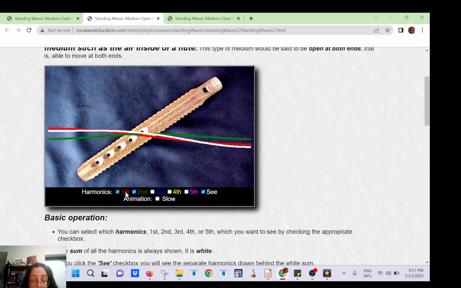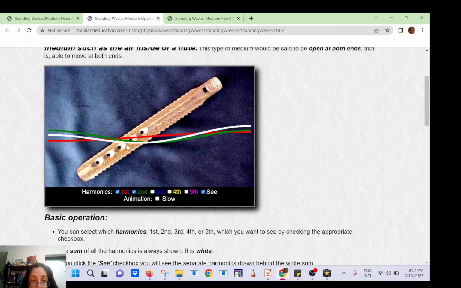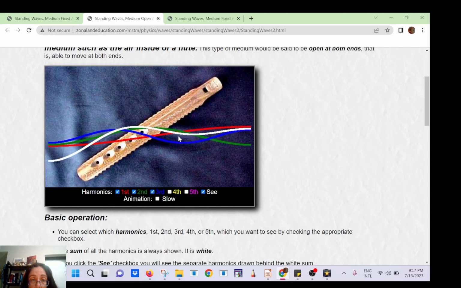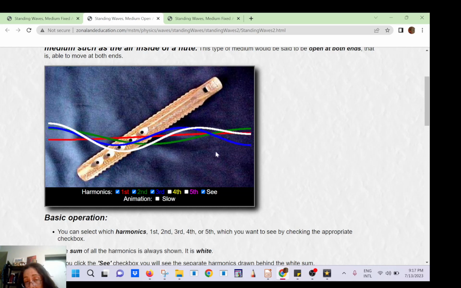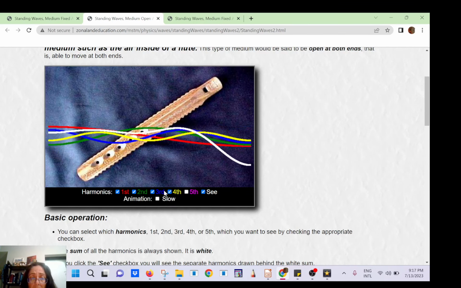So you don't want to look at the white here, you want to look at the green. So the green is the second harmonic. I can make just the green here, second harmonic. And then you have the third in blue. In blue, that's the third harmonic. And in white is when you combine them together. That will be the fourth.